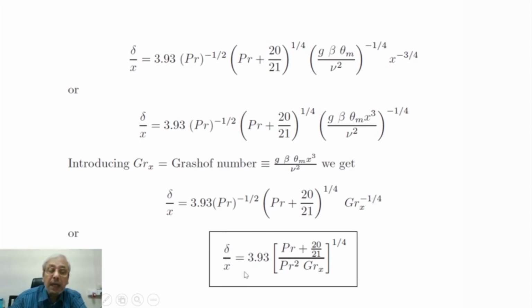So delta by x we can write in a more compact way: 3.93 times Prandtl number plus 20 by 21 divided by Prandtl number squared and then Grashof number, this entire quantity under bracket and then to the power 1 by 4. So this becomes the expression for delta by x, and we will remember this.